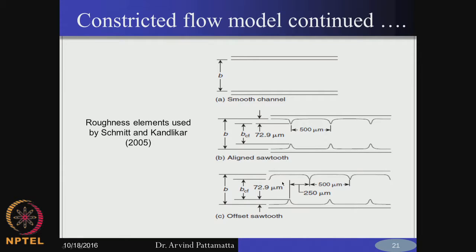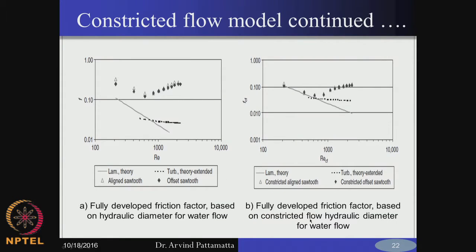So, in the aligned case you are calculating BCF as B minus 2 times 72.9, because they are both aligned, so you use 2 times the roughness height. In the case of an offset, you consider only one roughness on one of the sides, whether bottom or top, and say BCF is equal to B minus 72.9. Based on this the definition of constricted flow diameter changes, and the other correlations are used as they are.